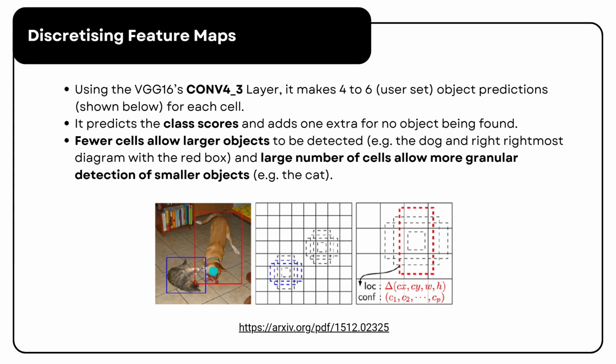By using multiple feature maps at different scales, SSDs are able to balance speed and accuracy, especially across varying object sizes.